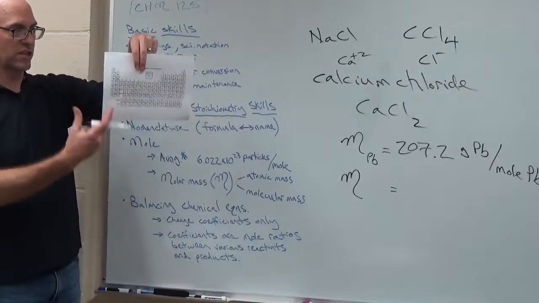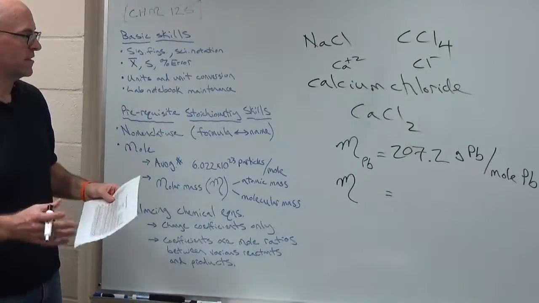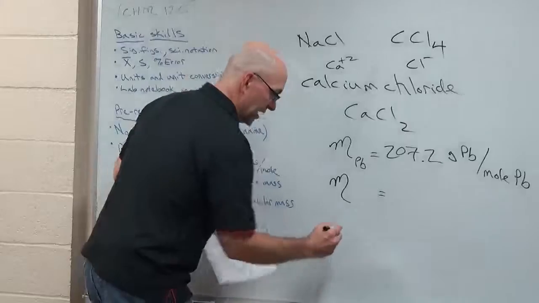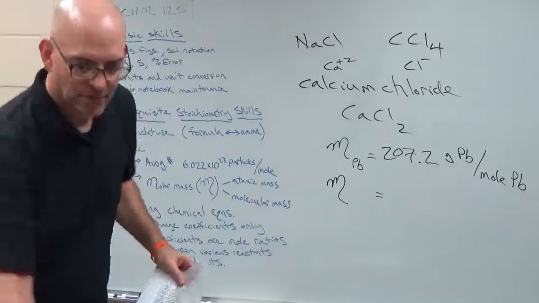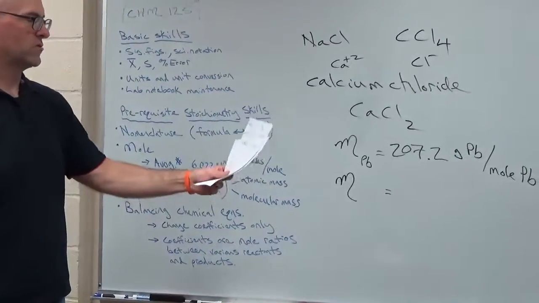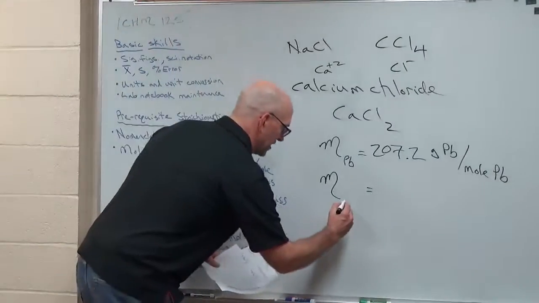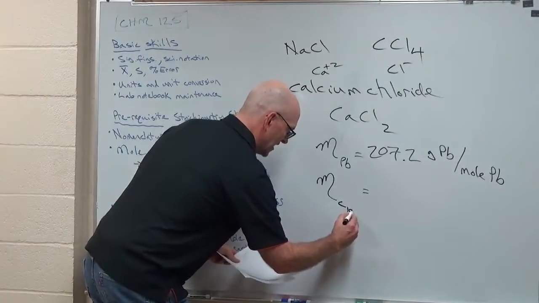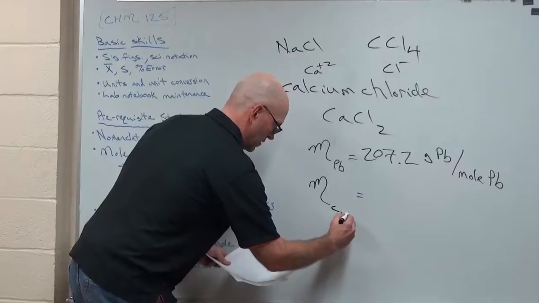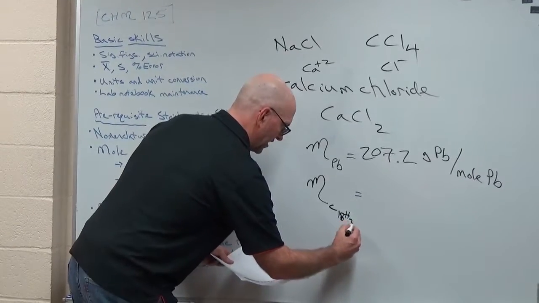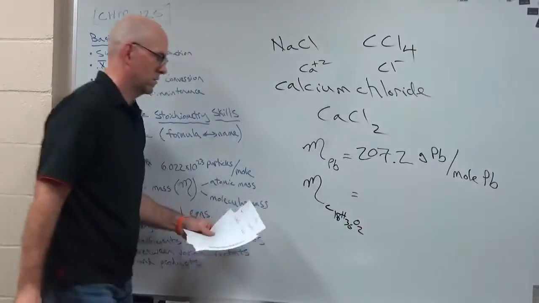But what if you need something a little bit bigger than this? Stearic acid, for instance, I have to look up that formula. Stearic acid from your Avogadro's number lab, the chemical formula is C18H36O2.